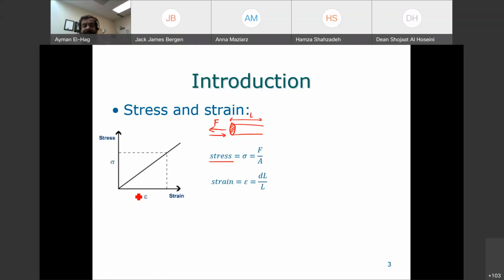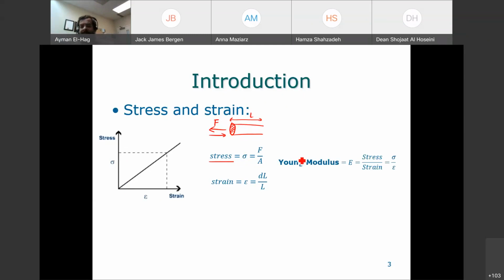Now if we draw the stress versus the strain, the more stress you apply, the more strain you get. So it has a sort of linear relation. As you apply more and more stress, you are getting more and more strain.